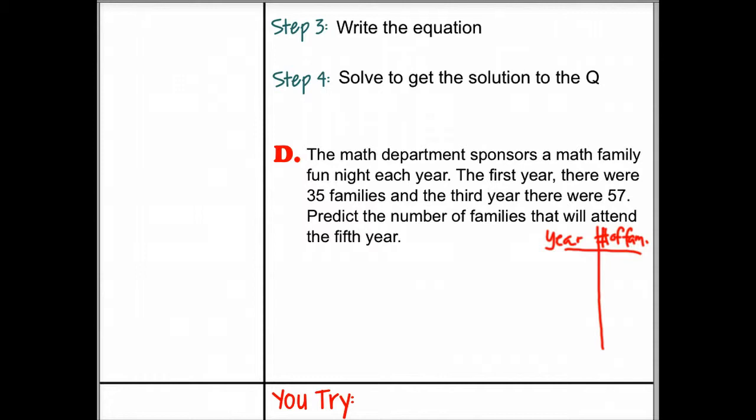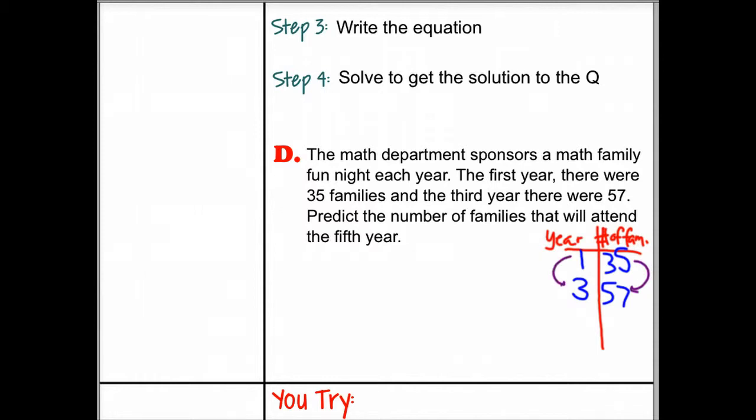So year 1, there were 35 families. Year 3, there were 57 families. So we identified our 2 points, and now we want to find the change in y and the change in x.